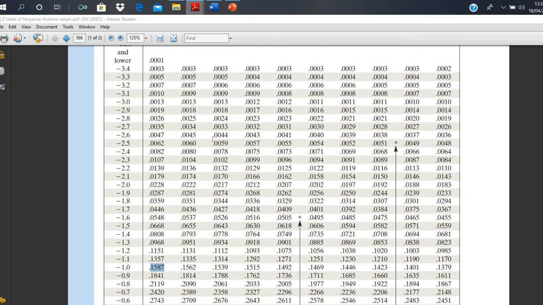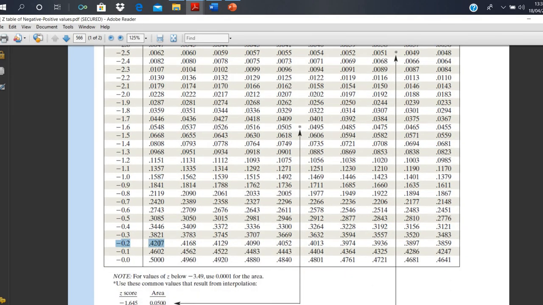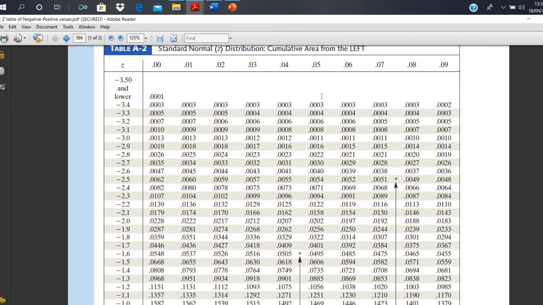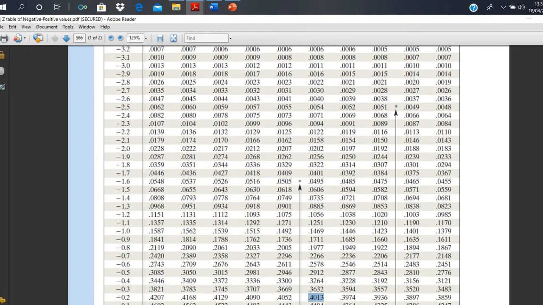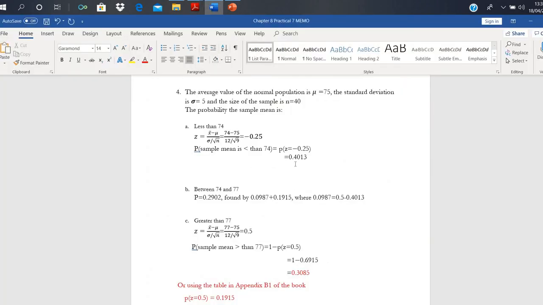So we go to the table, we have minus 0.2 and 5 is somewhere here: 0, 1, 2, 3, 4, 5 here. So the probability, you see 5 here, which is 0.25, is 0.4013. So the probability is 0.4013.